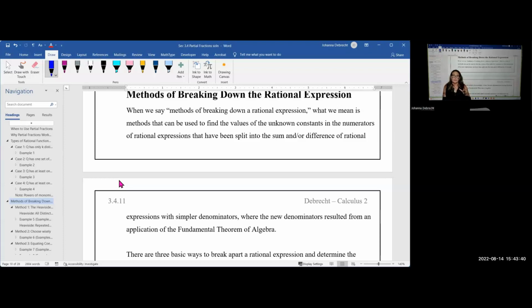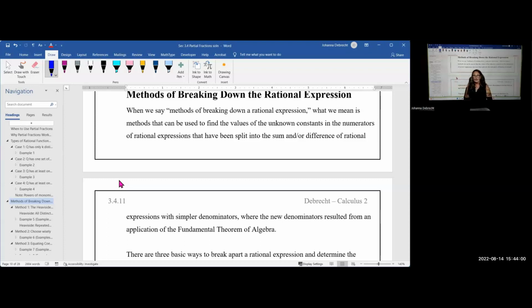How do I pinpoint what those constants are? And they are constants. They're real constants, and they're attached to the linear expressions or just the constant itself. So these three methods are the Heaviside method, choose wisely, and equating coefficients.